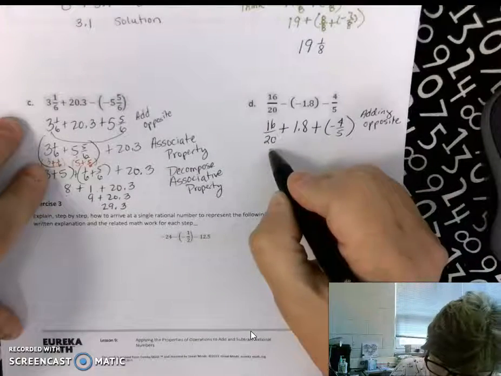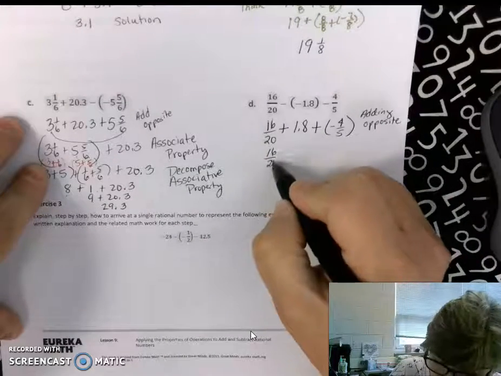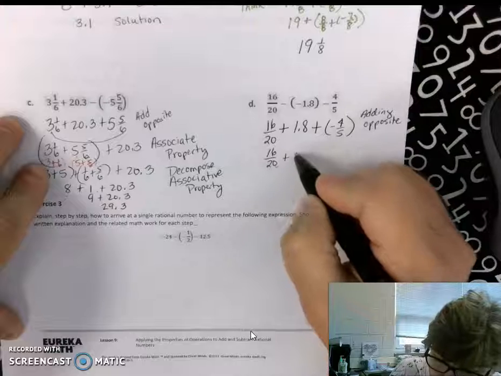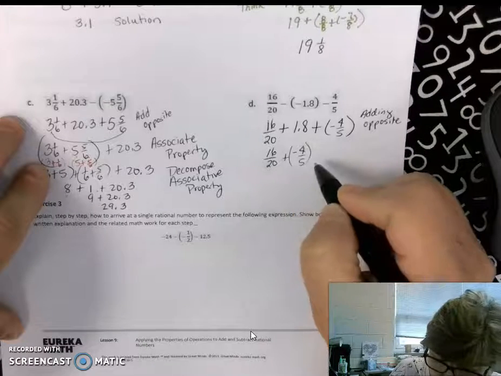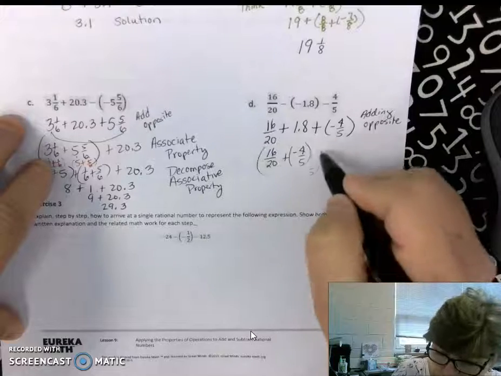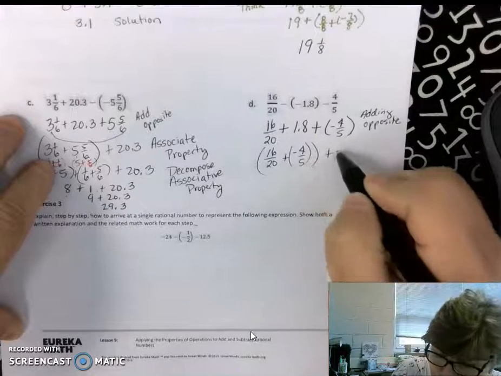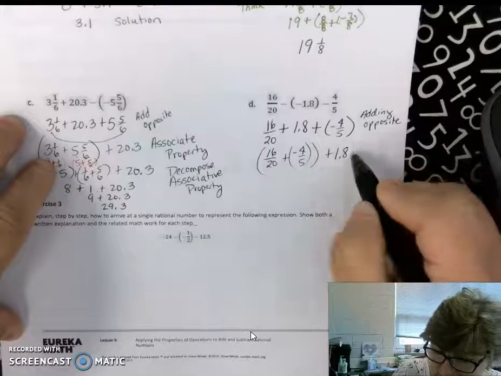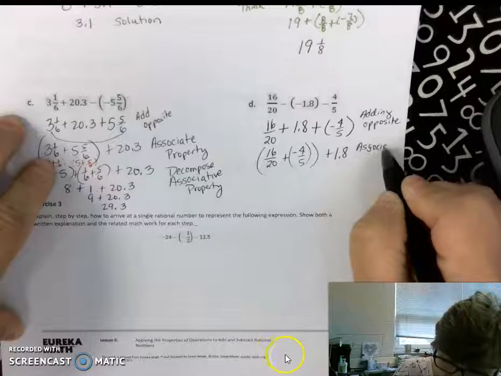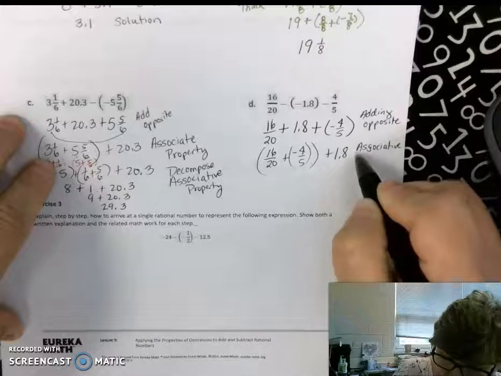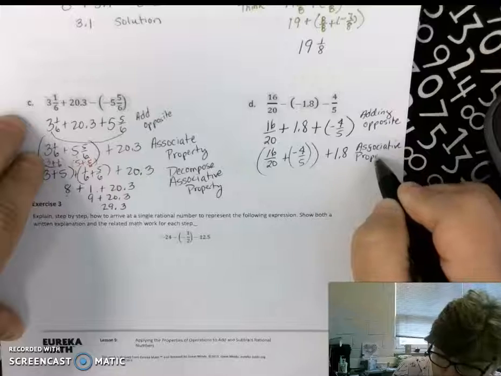I'm going to move 16/20 plus a negative 4/5 together, plus 1 8/10. So I am grouping those two fractions.